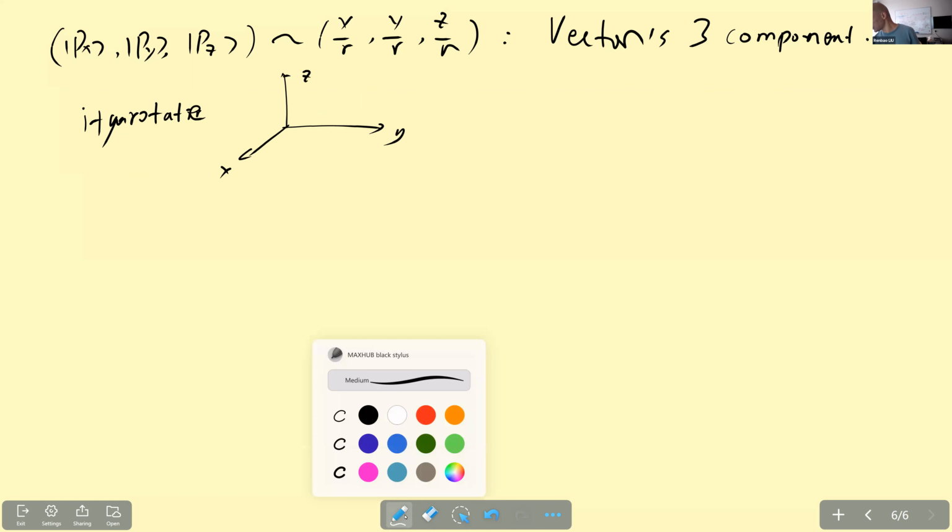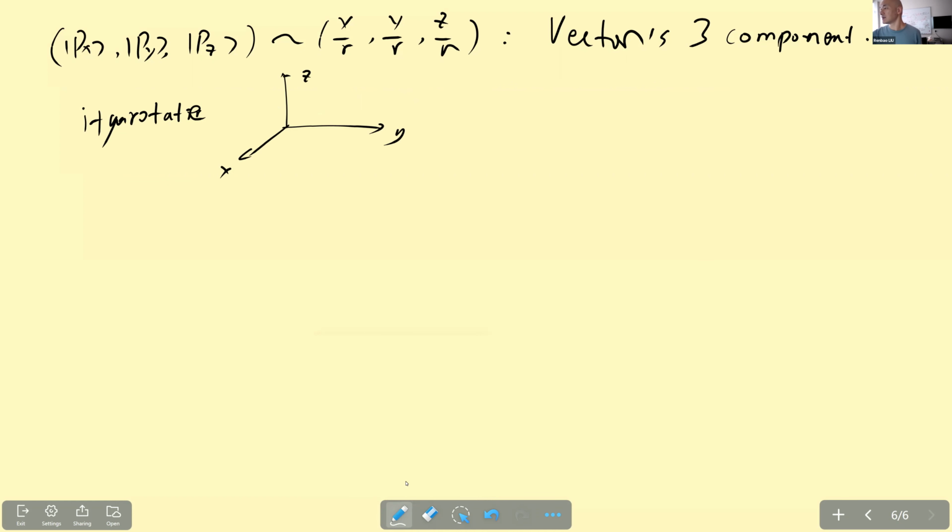If you do a rotation like this one, and change z to x and x to minus z, immediately the state 2pz will become px, right?